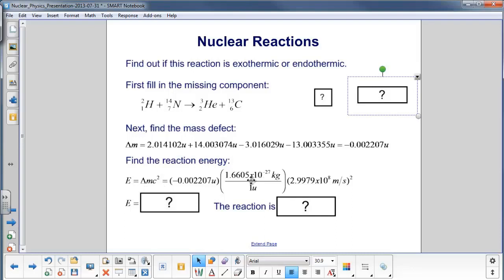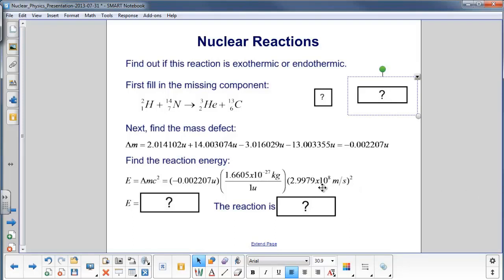We now find the Q value, or the reaction energy, by E equals the mass defect times the speed of light squared. We convert the mass units to kilograms using this conversion factor. We then have the speed of light. Normally we use 3 times 10 to the 8th meters per second, but because of the significant figures here, we take it out to 4 decimal places.